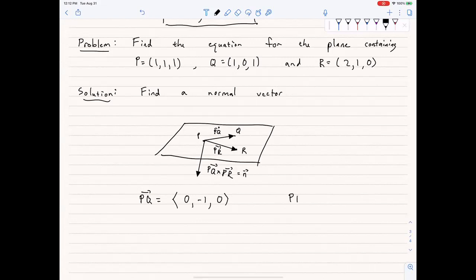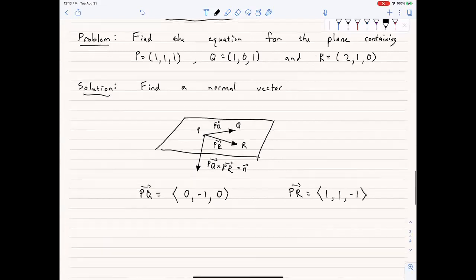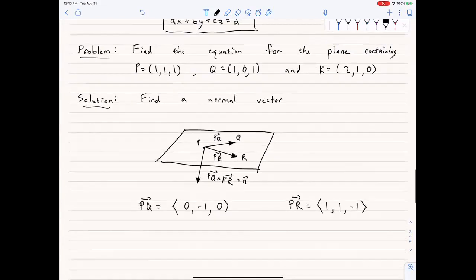And PR: 2 minus 1 is 1, 1 minus 0 is 1, and 0 minus 1 is negative. Of course, I did it wrong. Sorry, I was taking QR. Let me redo that. So 2 minus 1 is 1, 1 minus 1 is 0, and 0 minus 1 is negative 1.